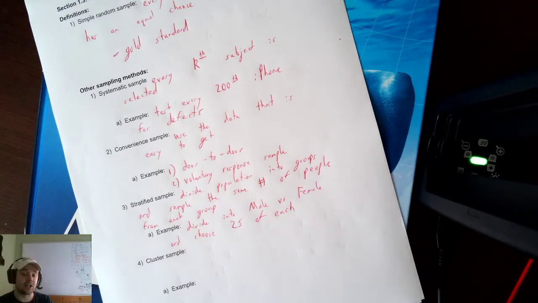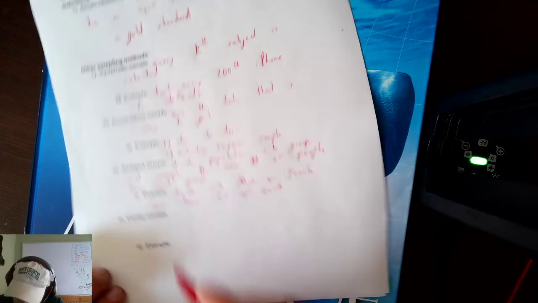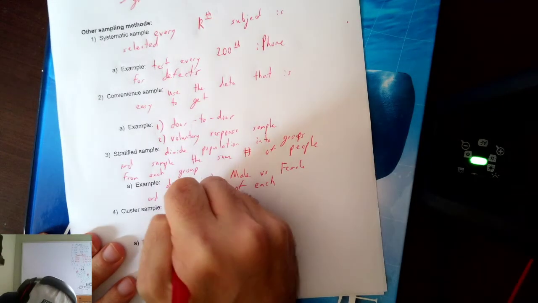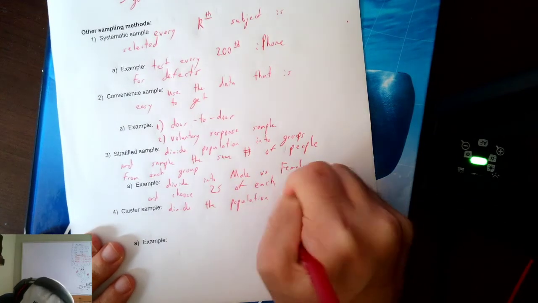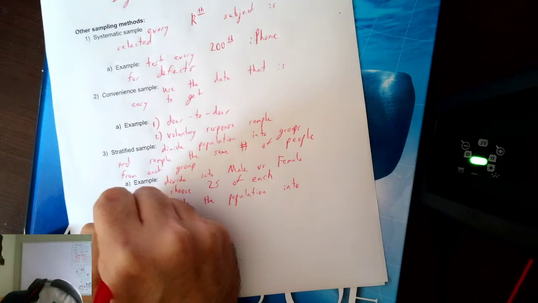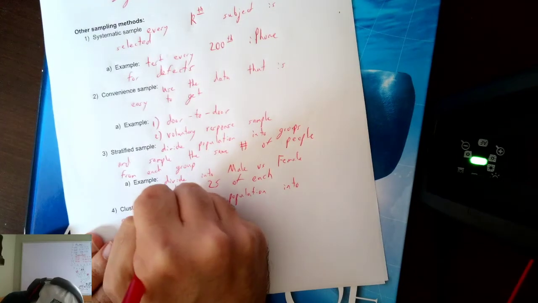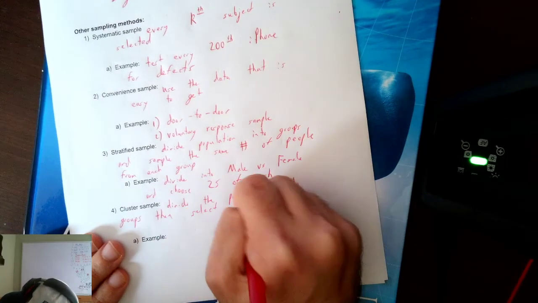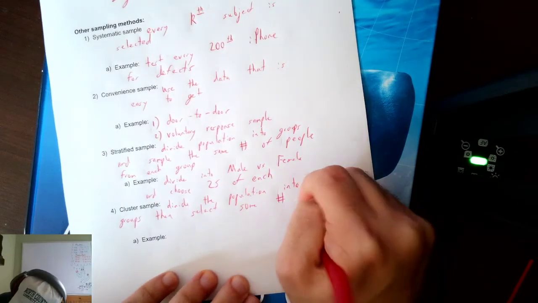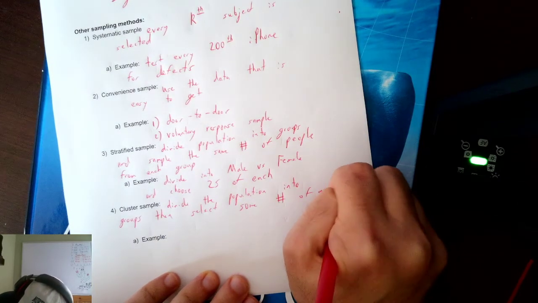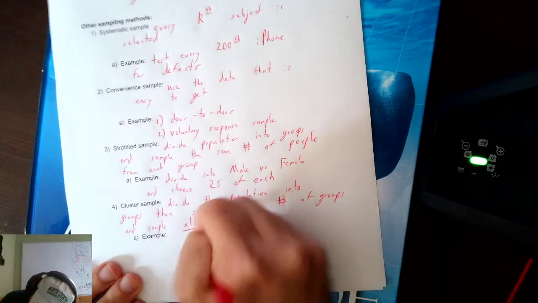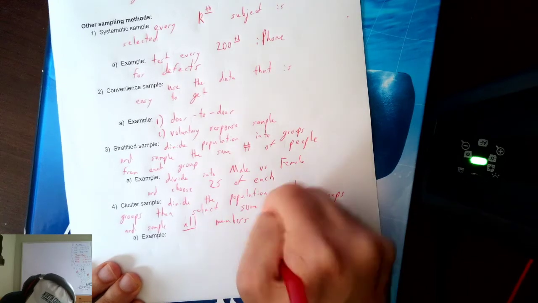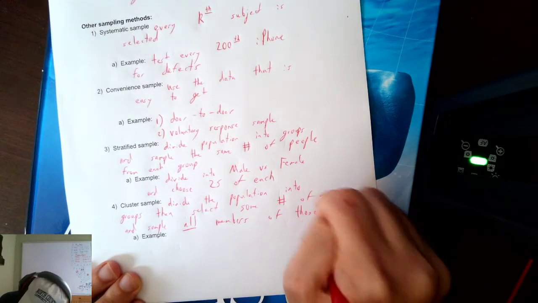On the other hand, with a cluster sample, we're going to divide into groups first as well. So the first step is divide the population into groups, then select some number of groups and sample all members of those groups.